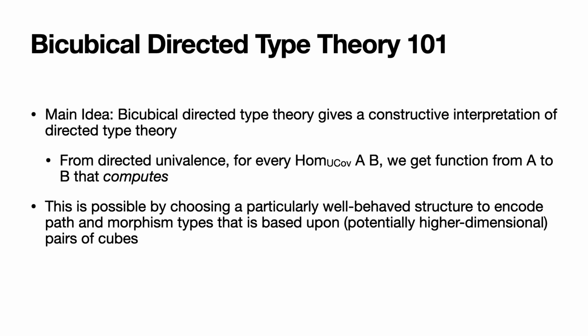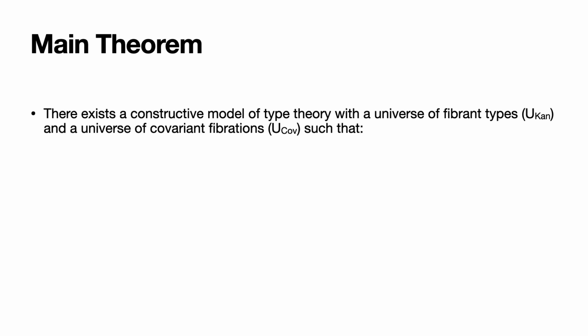So we think about things in general as pairs of cubes. And this brings us to the main theorem from our paper, and it is that there exists a constructive model of type theory with both a universe of fibrant types and a universe of covariant fibrations, such that the types in the covariant universe are also in the Kan universe.